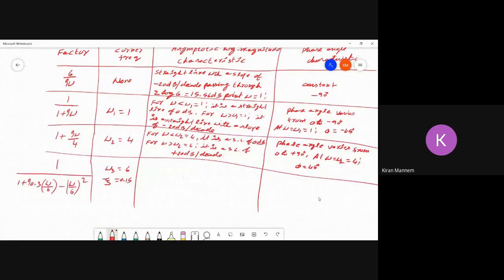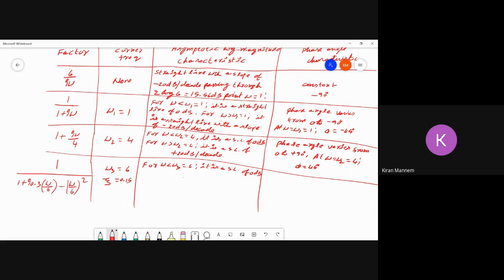Fourth one, again it has 2 straight lines, before the corner frequency and after the corner frequency. So let me write here, for omega less than omega 3, which is equal to 6, again it is a straight line of 0 dB.